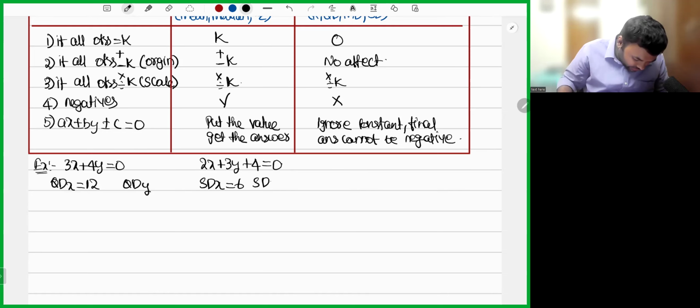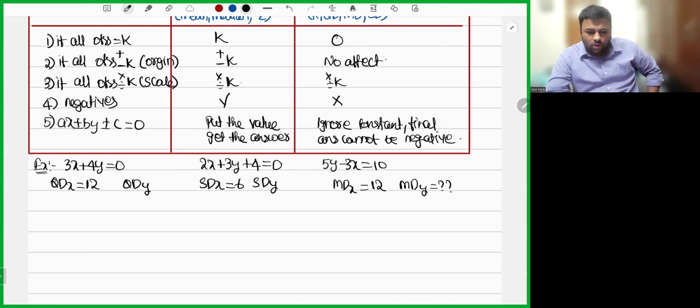Calculate standard deviation of y. 5y minus 3x is equal to 10. Mean deviation of x is 12. Find mean deviation of y. Solve all. Please solve the 3 and tell me the answer.